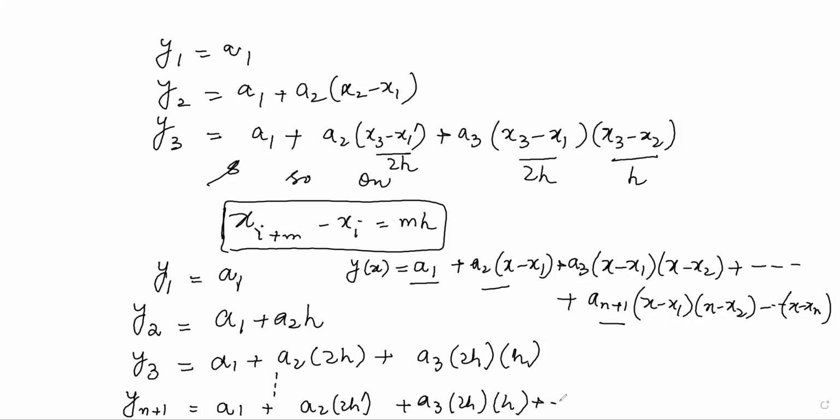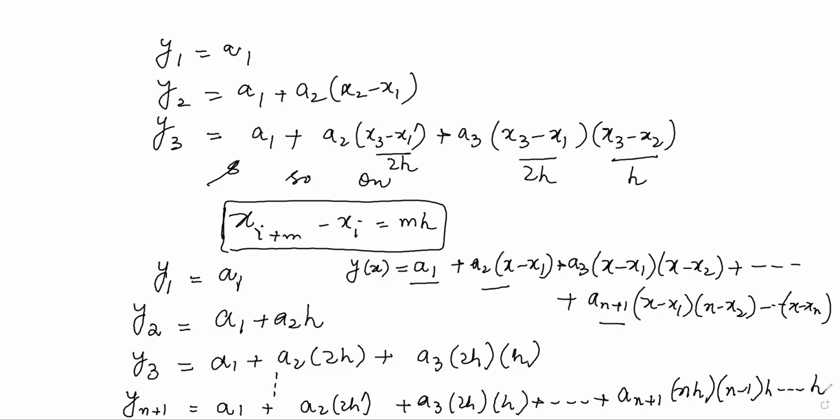I will write plus so on because terms are increasing, plus the last term is a(n+1). x minus x1 is h. Okay, so you have x minus xn is n times h. So it is h into 2h into 3h into 4h. So I will write this as nh into (n minus 1) into h into so on. The last term will be h.